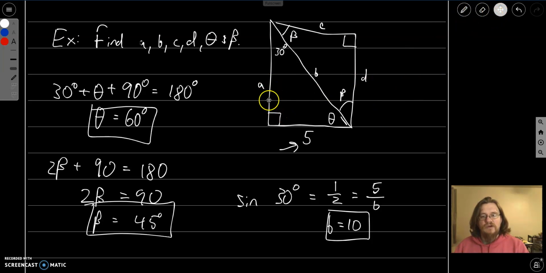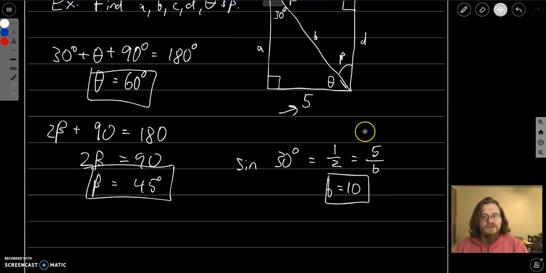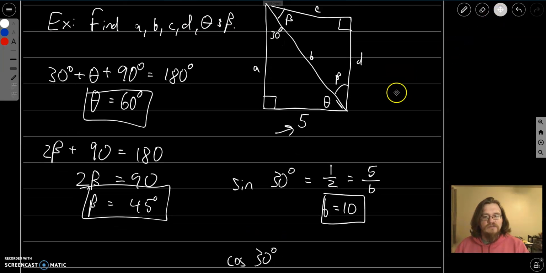Next, I want to figure out what A is. And again, A here, I can use this 30-degree angle, and I want to relate A to something that we already know. So for instance, I could use the cosine of a 30-degree angle. Why could I use the cosine? Well, the cosine is going to be the adjacent over the hypotenuse.